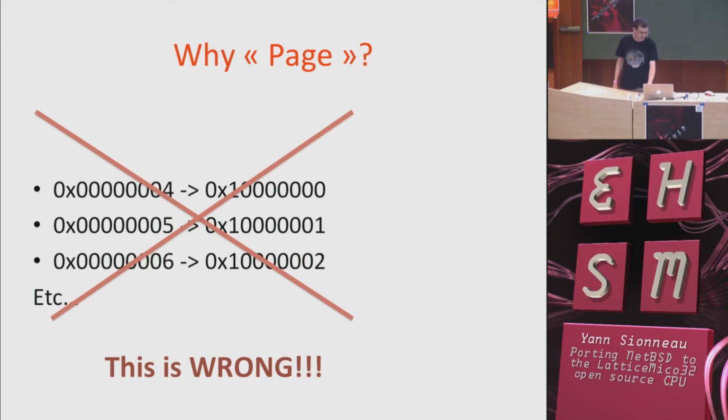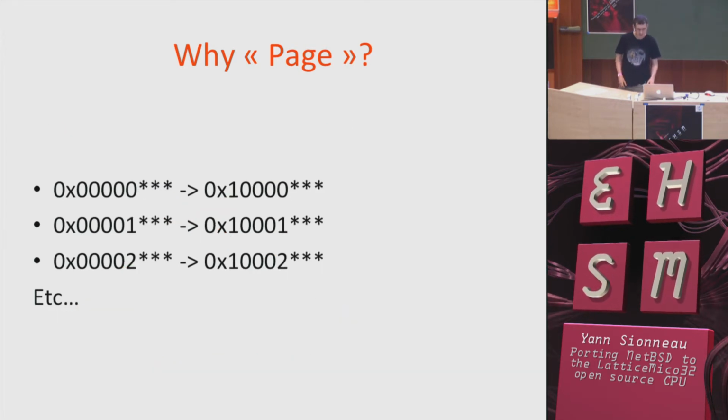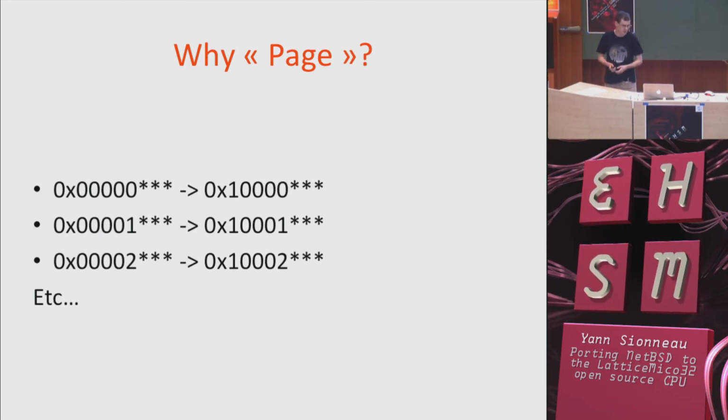So instead, we're using pages. So we're instead translating chunks of memory. So there is a chunk of virtual addresses, which is 000, and then something. We don't care about the least significant bits, and we translate it to a physical block. And those chunks are the pages.